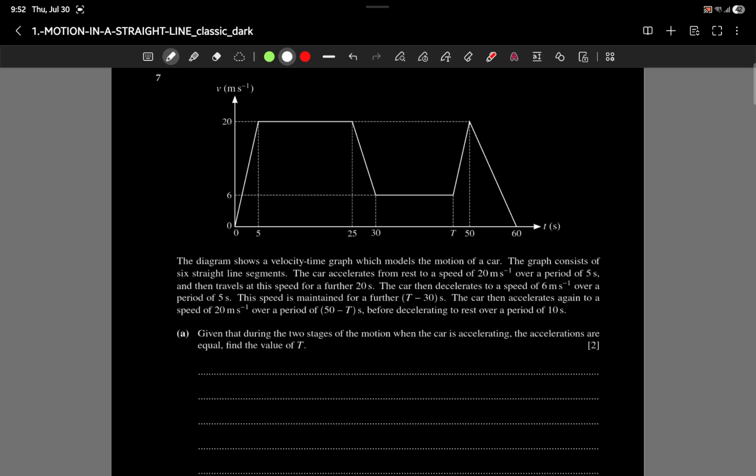The car then decelerates to a speed of 6 meters per second over a period of 5 seconds. The speed is maintained for a further t minus 30 seconds. The car then accelerates again to a speed of 20 meters per second over a period of 50 minus t seconds before decelerating to rest over a period of 10 seconds.